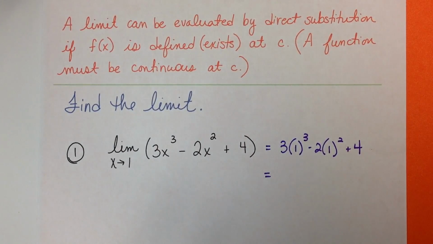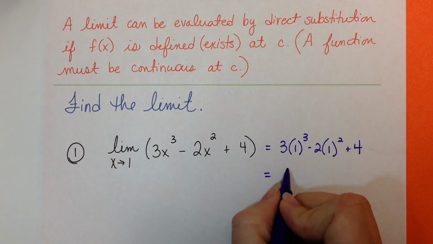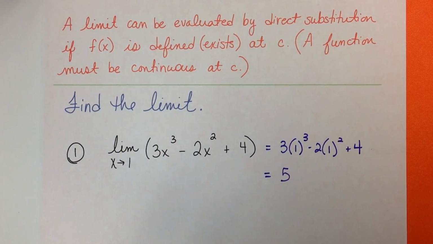Of course, you can use your calculator to help you do the calculations there, but that's just going to be 3 minus 2 plus 4, so that's going to give me a value of 5. So that would be your limit. Like I said, direct substitution is easy.